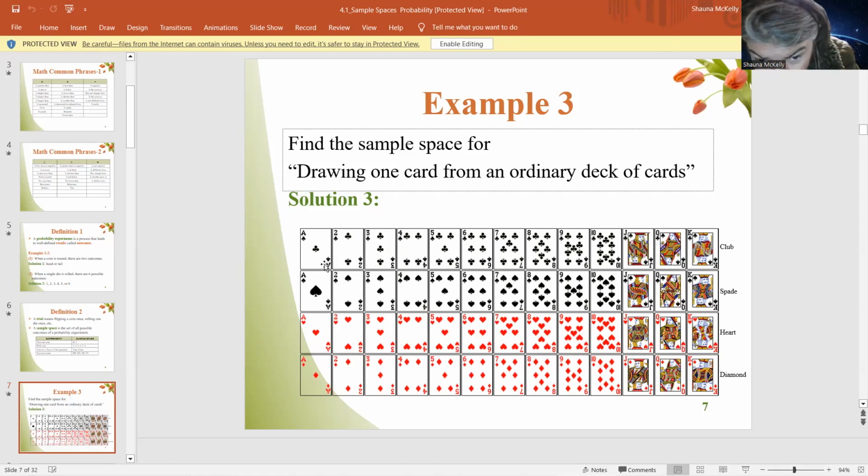So these things that look like black 4-leaf clovers or 3-leaf clovers are called clubs. The ones that look like black hearts but upside down are called spades. The ones that look like red Valentine hearts are in fact called hearts.